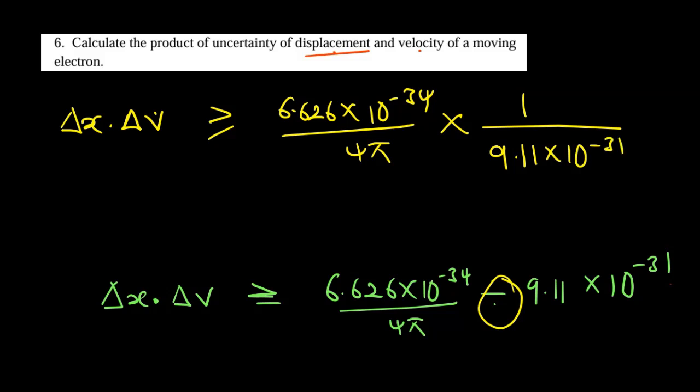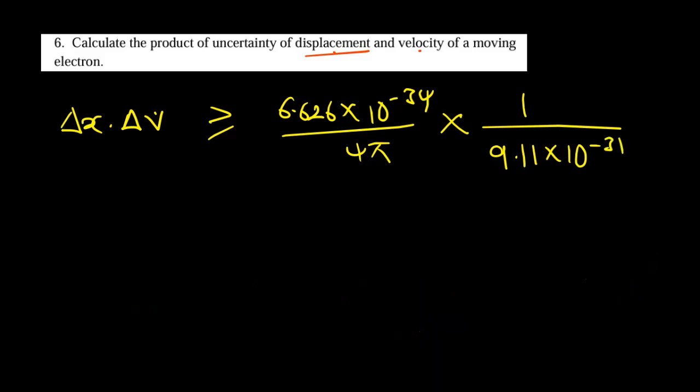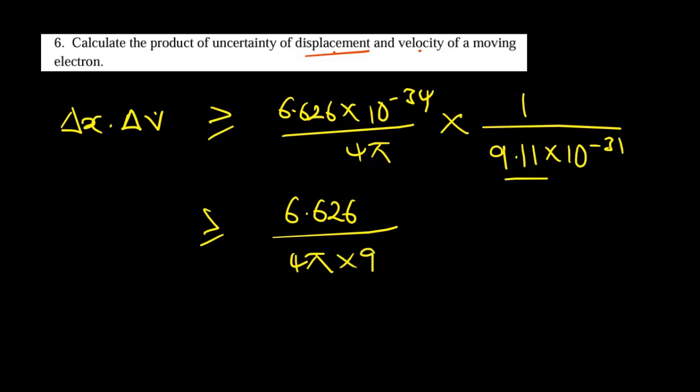Okay, so this one now is looking nice. And then from here we're going to say greater than or equal to 6.626 divided by 4 pi multiplied by 9.11, and then the powers we take to be alone, so it will be 10 to the power minus 34 divided by 10 to the power minus 31.